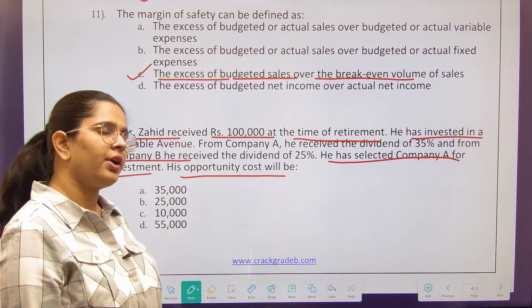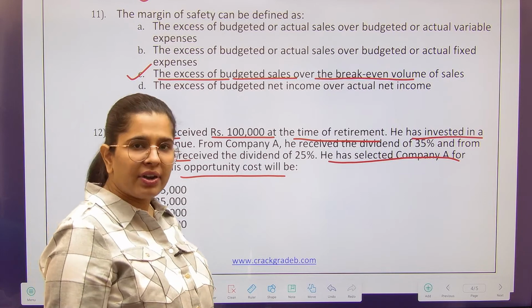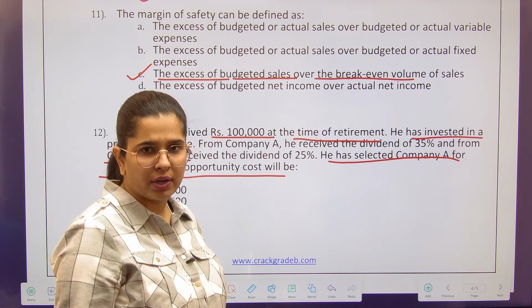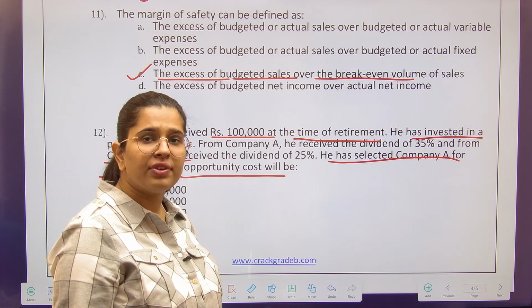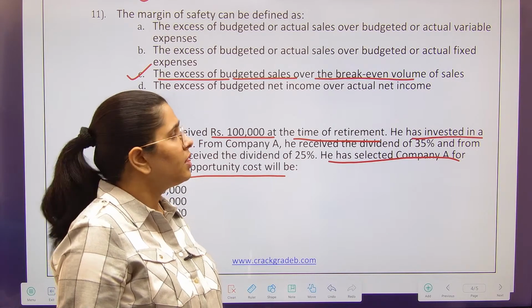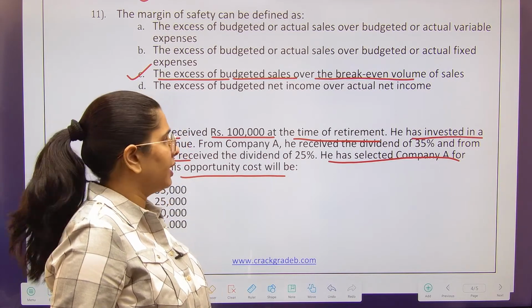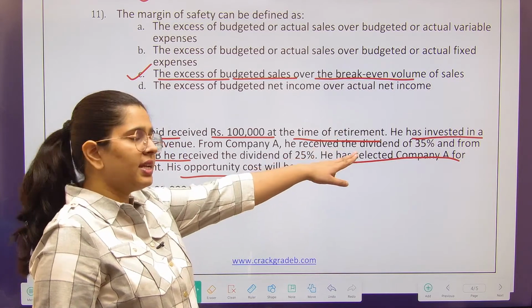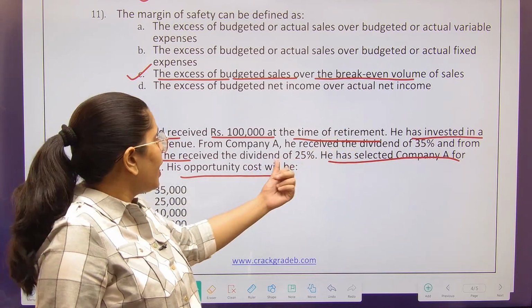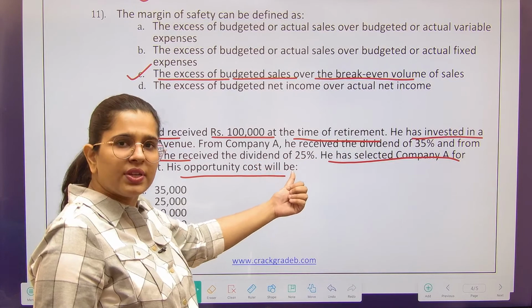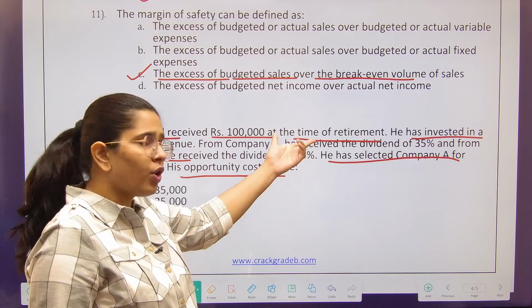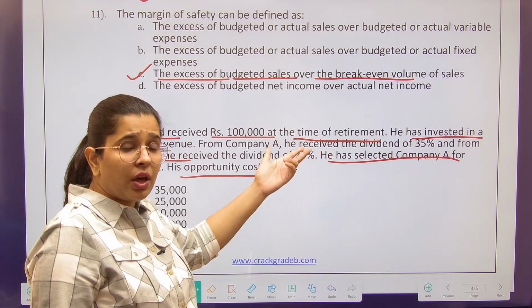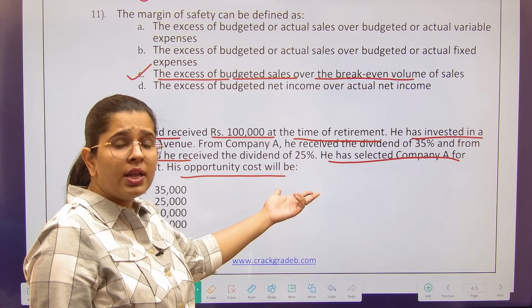See, opportunity cost is the benefit which you have foregone, the cost of the next best alternative. So here he had two alternatives. Number one was company A, dividend of 35%, and option 2 was company B, 25% dividend. He has gone for obviously the best option. Now the next best option was from what?